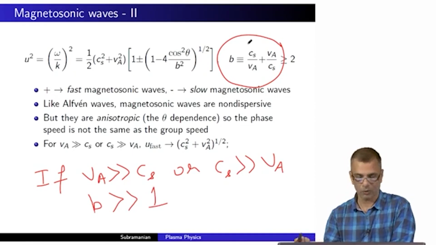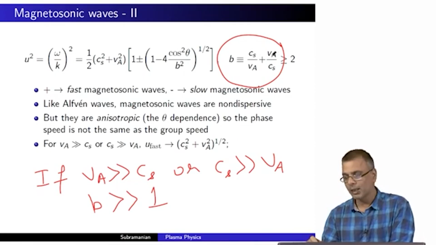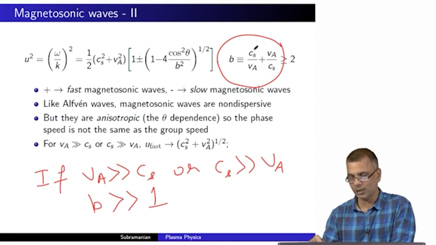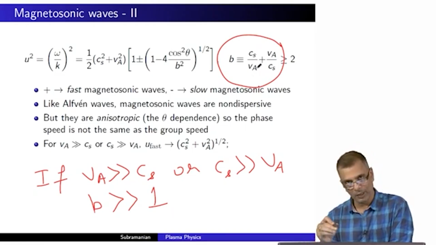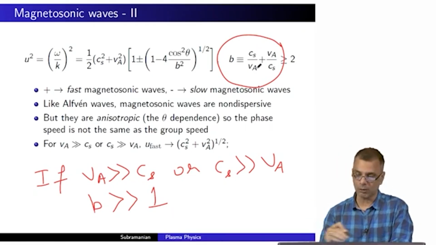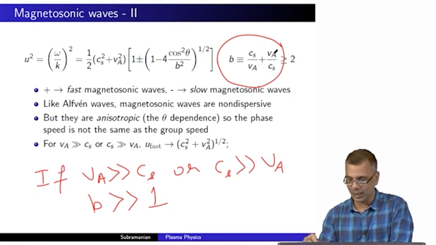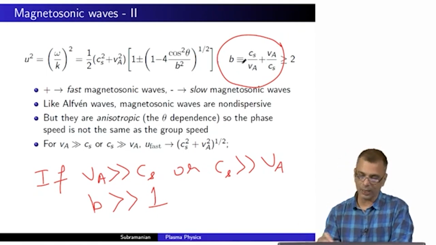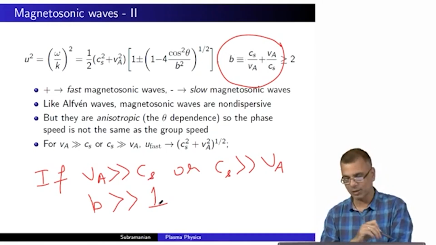So, which is essentially to say that this term is much larger than 1. And this is simply the reciprocal of this term, so this would be negligible. Nonetheless, B is much larger than 1 if CS greatly exceeds VA. If the opposite is true, if VA greatly exceeds CS, then this term is much larger than 1 and this is negligible. Either way, B is much larger than 1.